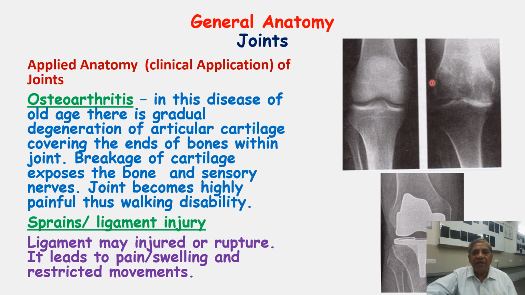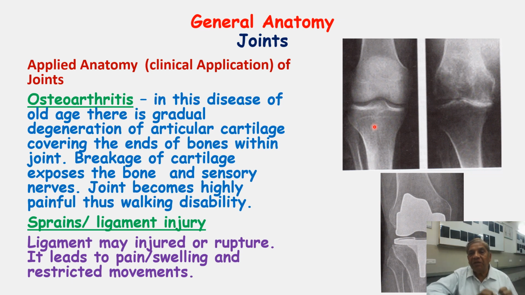In the first diagram, what you are seeing is the knee joint, where this is the lower end of the femur and tibia, and between these two bones a gap is seen. Now this gap is seen because these ends of the bones are covered by hyaline cartilage or articular cartilage, as I just told you.